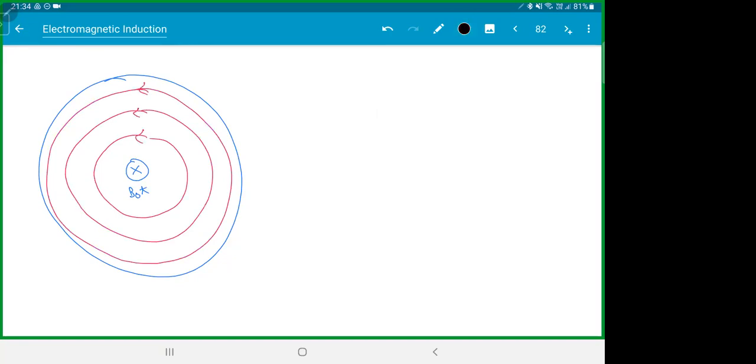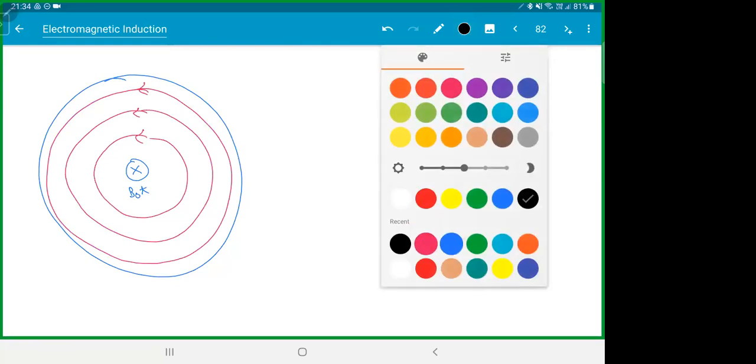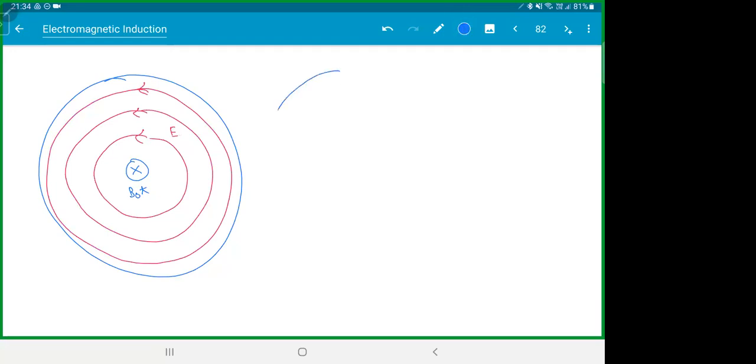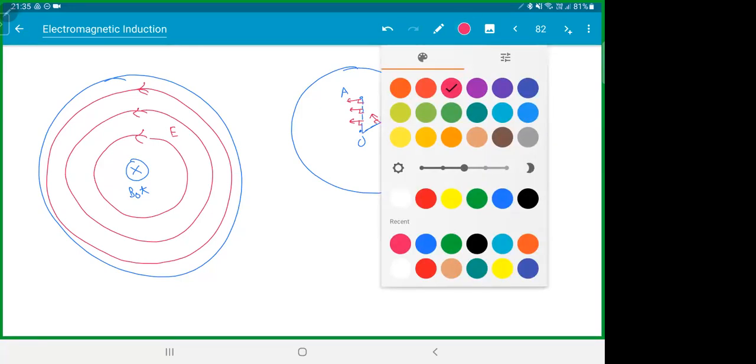Now you tell me, if this is the electric field, and when you take this rod from O to A, or when you take the rod from O to B, how is the electric field? Isn't the electric field perpendicular to this? Isn't it? The electric field is tangential, no?